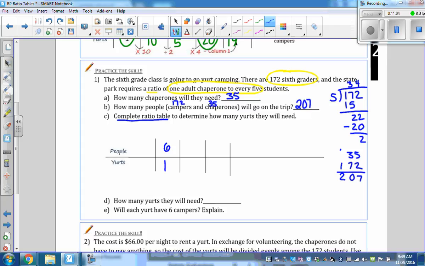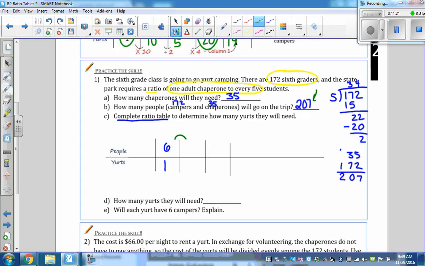So the goal is just to get 207 quickly. And if it doesn't work out evenly, then you need to make sure you have enough yurts for 207 people. And maybe there's a little space left over, but we don't have a lot of space.